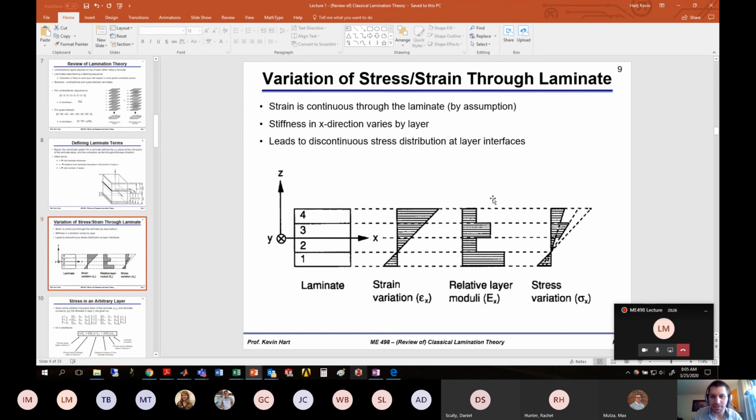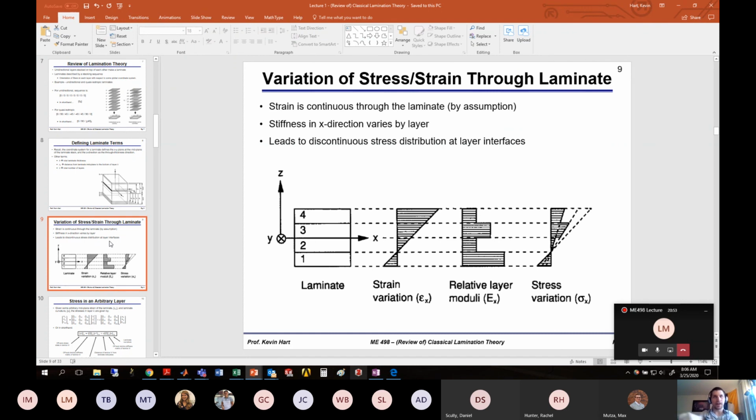Now we know that the stiffnesses of each of the individual lamina are not the same, because we have fibers running in different directions in the different lamina. So we might have a relative stiffness of each lamina that varies through the thickness, and that causes a variation in the stress. If you think of a one-dimensional Hooke's law as strain times modulus equals stress, we get a stress variation that looks like this and is relatively discontinuous.